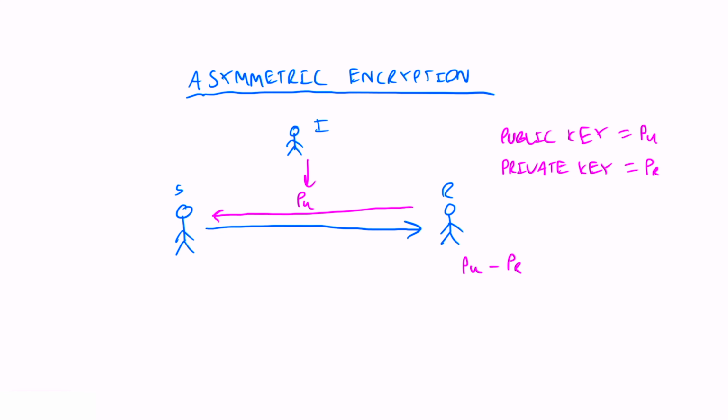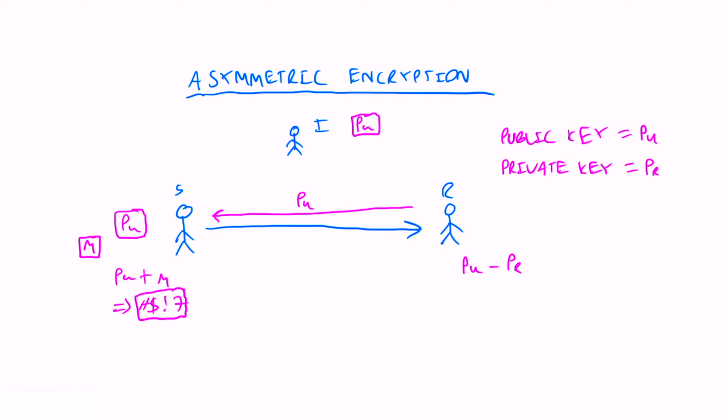Now I is here and I can still intercept that. So let's say I has intercepted the public key here. And we'll see how this works. So now I has the public key, S also has the public key, and S is going to encrypt the message with the public key. So M is here, okay? And this is going to generate, again, some encrypted data, like this.